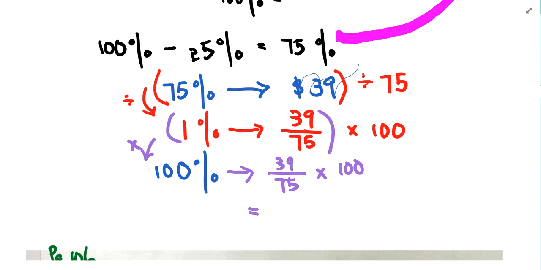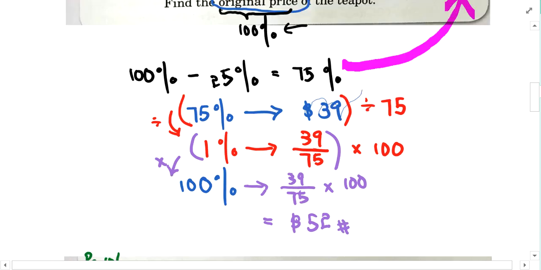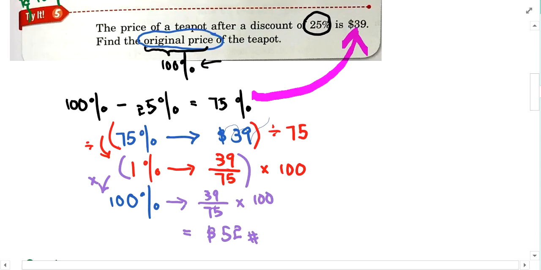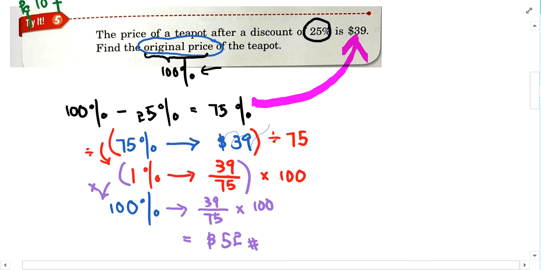All right, so if you press the calculator, you have an exact value of 52. We don't have to worry about estimation. There you go. You can see, look at the full question. Oh, so the original price was actually $52. After the discount, it becomes $39. This is what the question is talking about.